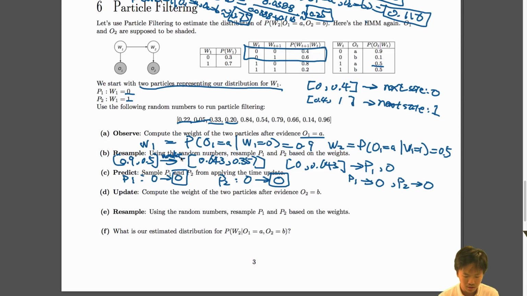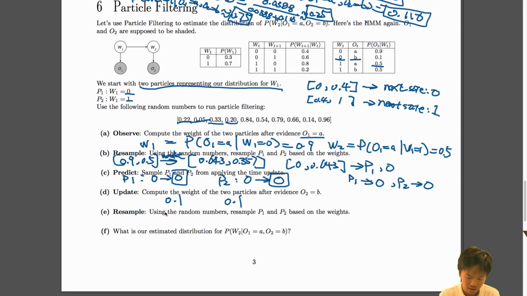And now in part D, we're going to compute the weight of these two particles after the evidence that O2 is equal to B. Since we are at hidden state 0, and the observation is B, the weight for both the particles is going to be 0.1, just reading straight from the table.